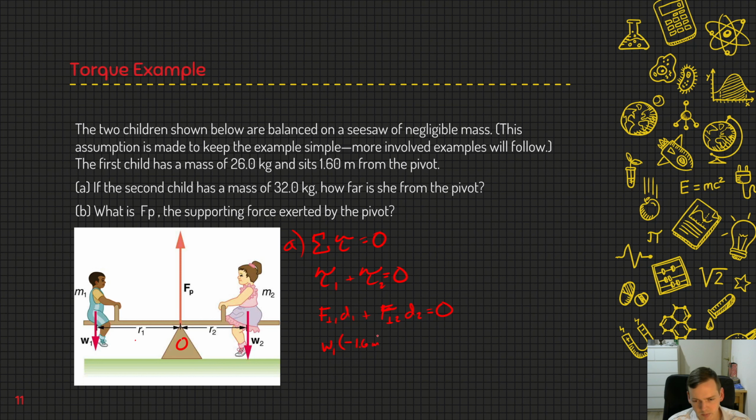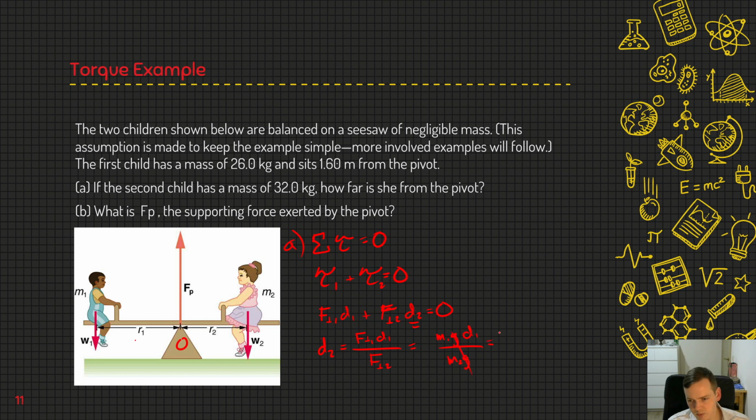1.6 meters. Actually, let me solve this algebraically first before we get into plugging things in. So we want to find the distance of child 2. That means the distance of child 2 is equal to the force perpendicular for child 1 times the distance for child 1 divided by the force perpendicular for child 2. Force in this case is the weight, so it's going to be m1g times distance 1 over m2g.